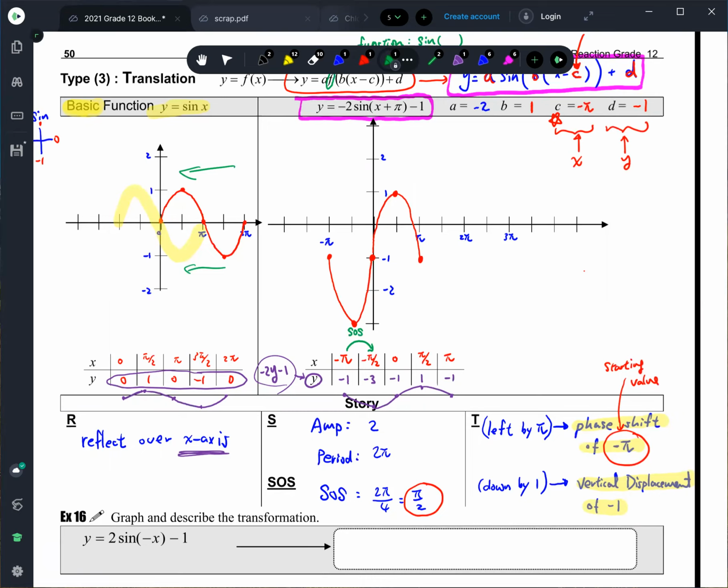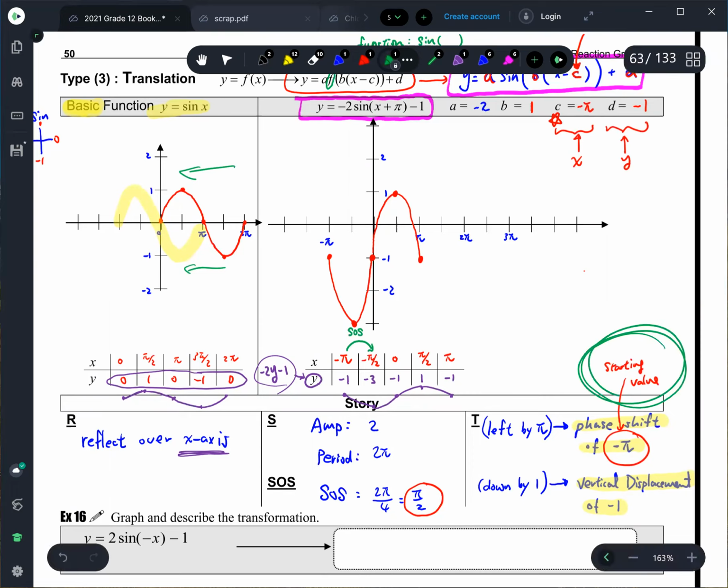Last time we didn't talk about C and D, right? The new thing for today is the starting point. You start with C. The example we had, the C was negative pi. So you start with negative pi and then you use the SOS. You don't use SOS right away.